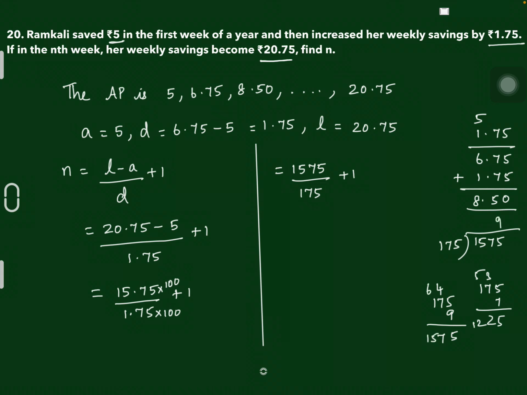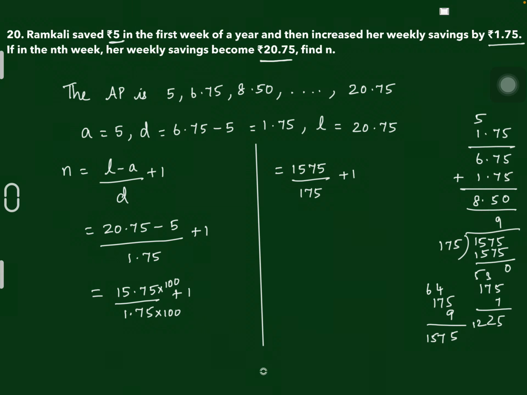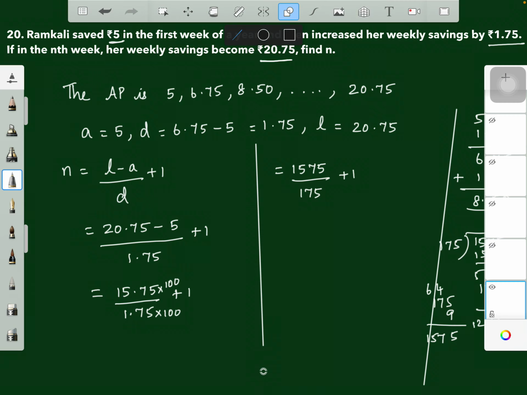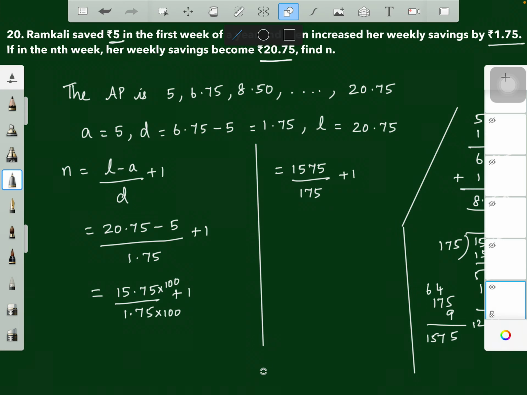So 175, 9 times is 1575. So the remainder is 0. When I divide this, you have to do it in rough column always, okay.